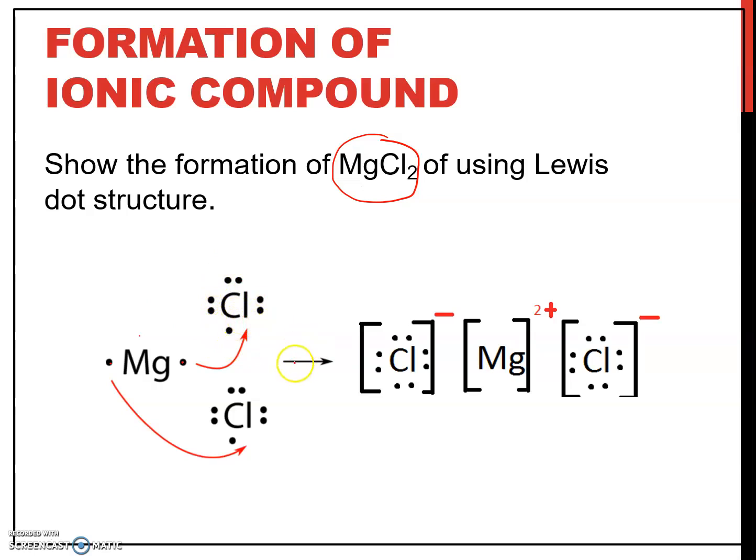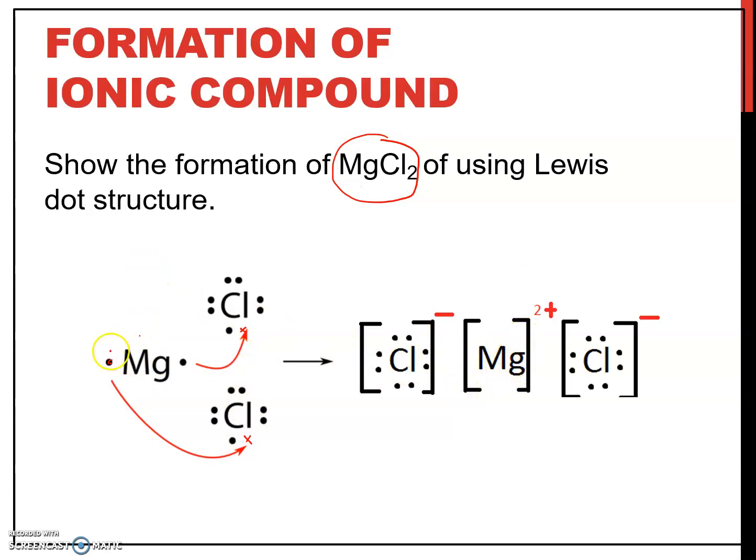To form ionic compound, 1 atom magnesium transfers 1 valence electron to each atom of chlorine, for the first atom chlorine and the second atom chlorine, and then form ions.